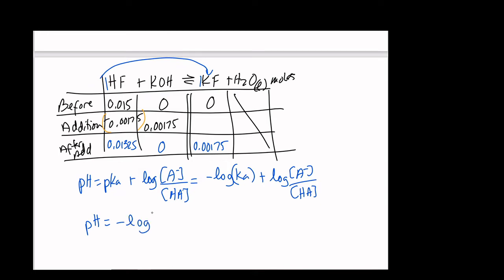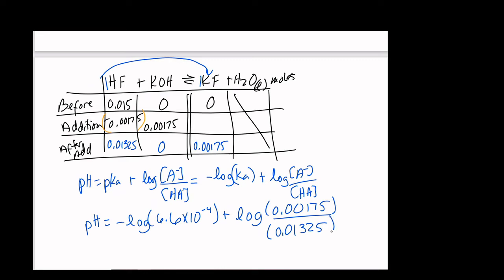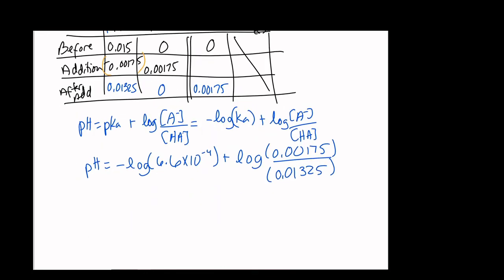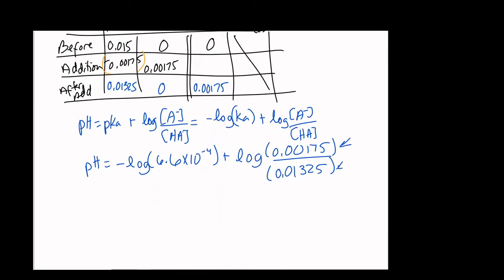Negative log of 6.6 times 10 to the minus fourth plus the log of 0.00175 over 0.01325. So we can just put the ratio of moles in. Here's our A minus and here's our HA, from our chart, because the volumes would cancel.